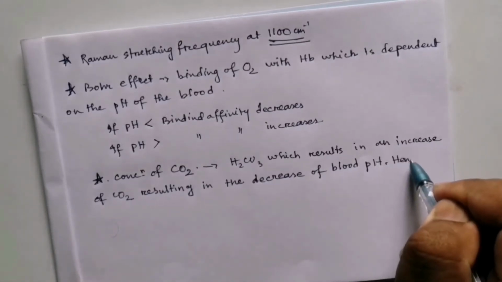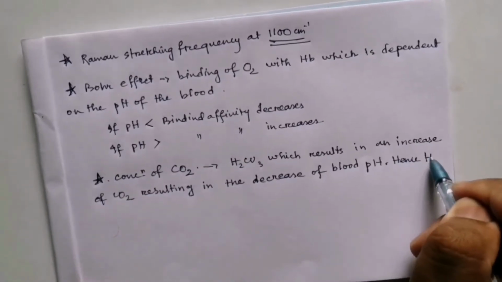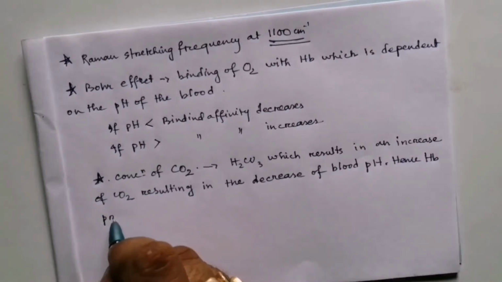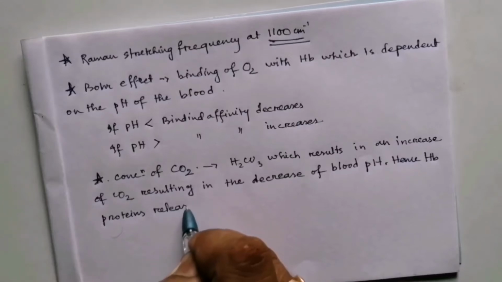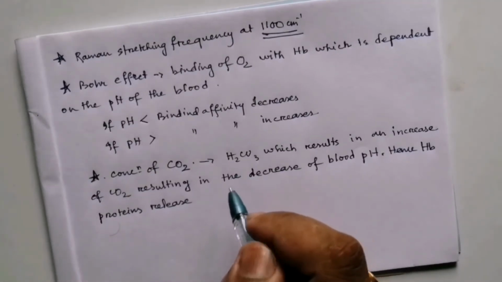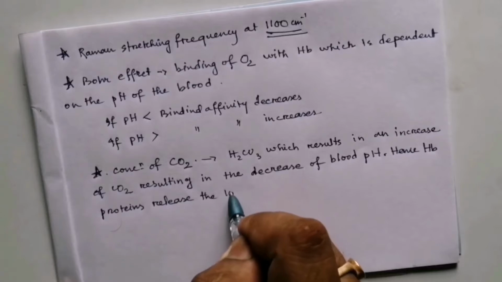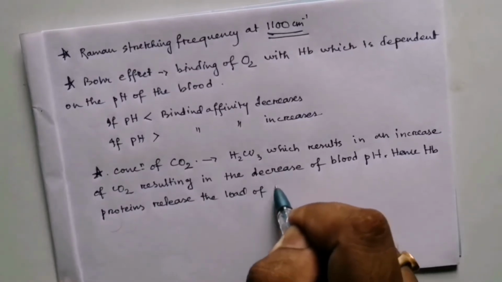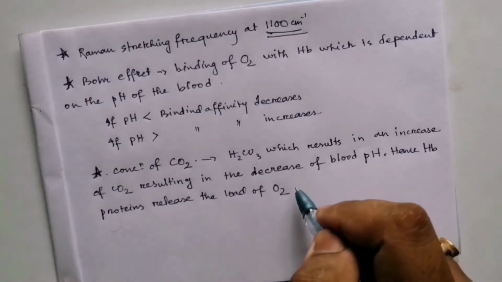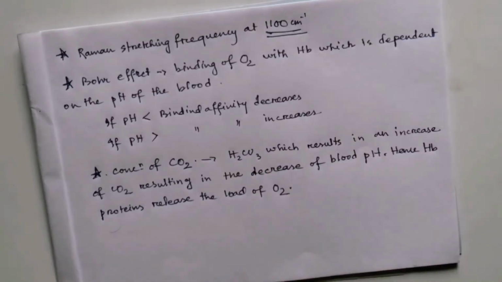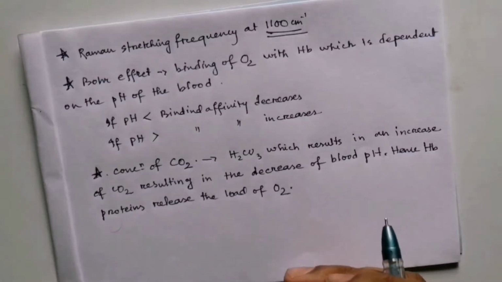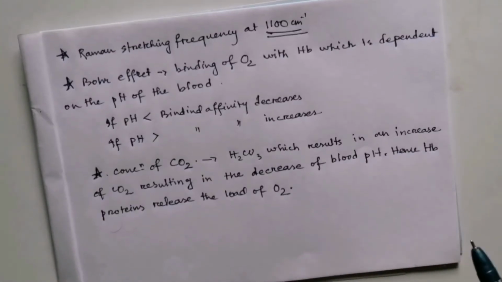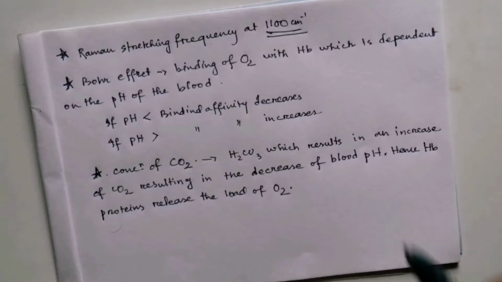Hence, hemoglobin proteins release the load of oxygen, and conversely, a decrease in the carbon dioxide contents provokes an increase in the pH level, which results in hemoglobin picking up more and more oxygen.